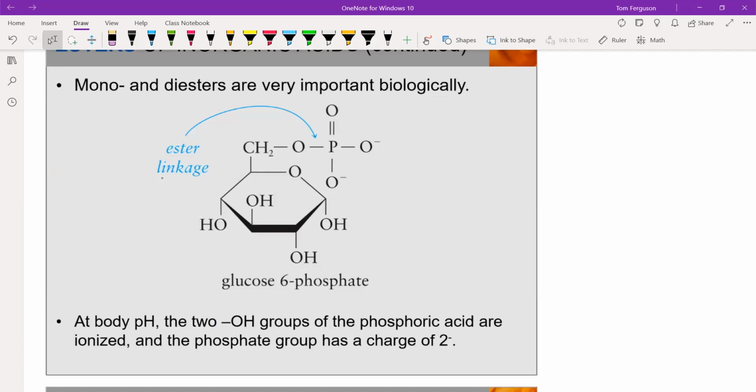Now, when we get into glycolysis, one of the early steps, starting with glucose, is a phosphorylation of carbon number 6. At carbon number 6, we form a phosphoric ester. We're going to look at that in detail when we get into glycolysis in unit 3.